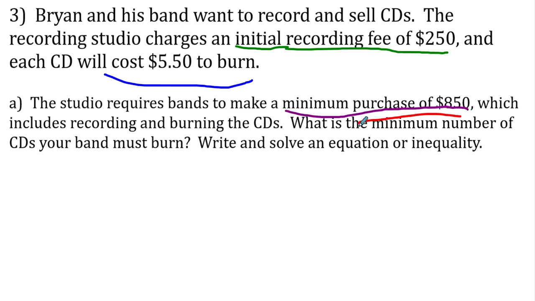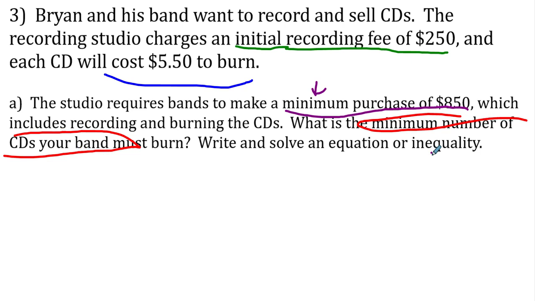Well, again, minimum number of CDs. That's our clue as to what our variable needs to be. So the question is, is it going to be an equation or an inequality? The big clue is here when it says a minimum purchase. Minimum means you can spend that amount or more.